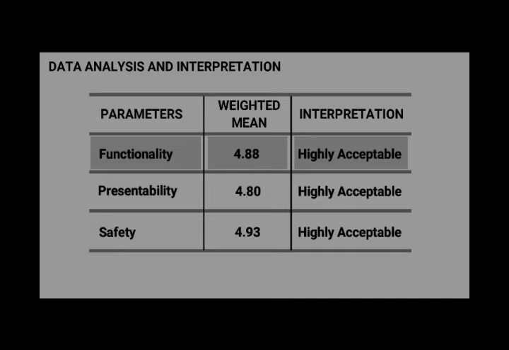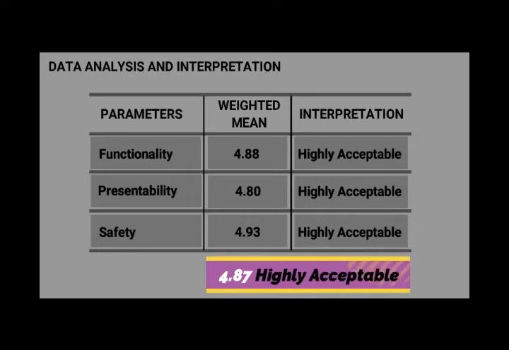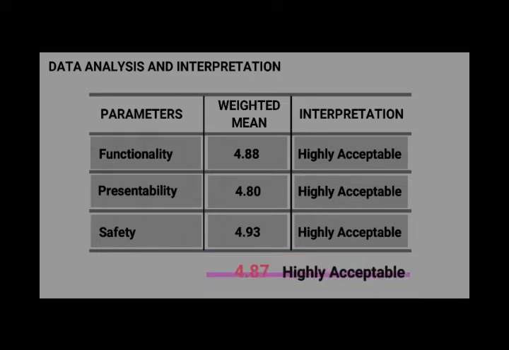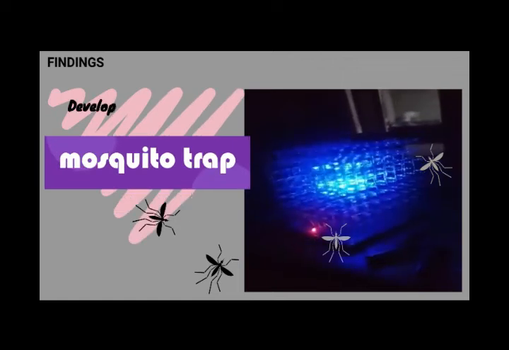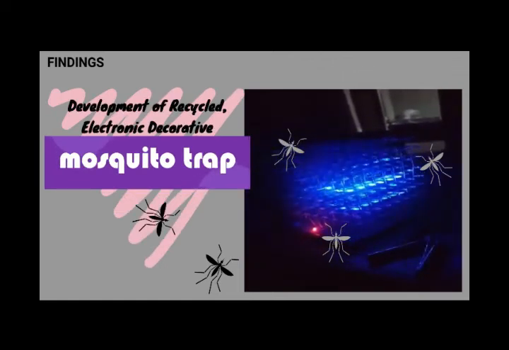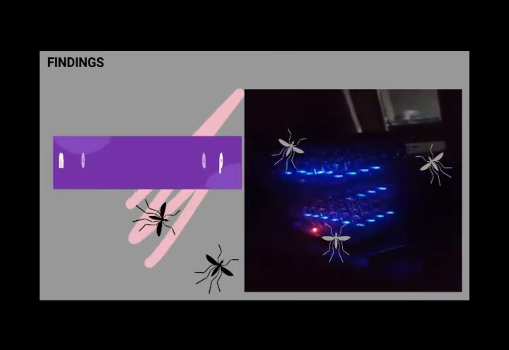The device obtained a weighted mean rating of 4.80 for its presentability, described as highly acceptable, and weighted mean rating of 4.93 for its safety precaution, described as highly acceptable, and the overall weighted mean is 4.87, interpreted as highly acceptable. Findings: the design and development of recycled electronic decorative mosquito trap was able to attract, trap, and kill mosquitoes.